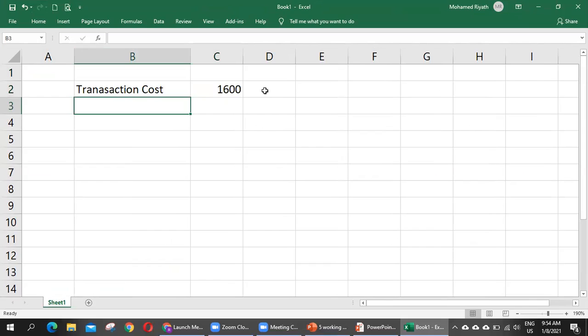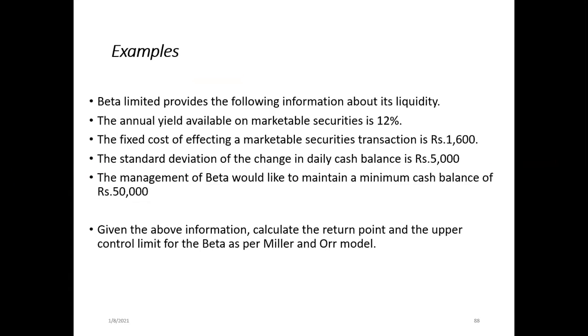And the opportunity cost. Opportunity cost means the rate of interest, 12%. The rate of interest is 12% per annum, isn't it? But the question is very careful.